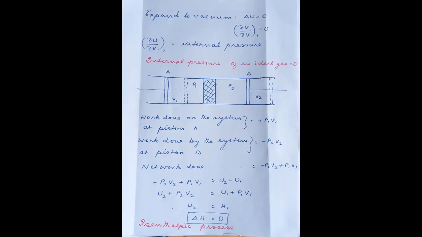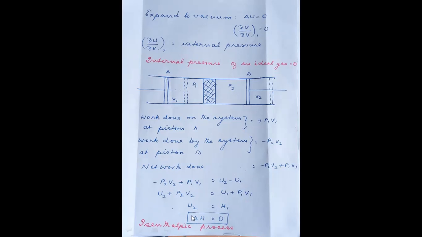So when I bring this U2 to this side, it becomes minus U2, and then P1 V1 goes to minus P1 V1. When I adjust the signs, what I get is U2 plus P2 V2 is equal to U1 plus P1 V1. So this entire quantity is called H2, and this entire quantity is called H1.